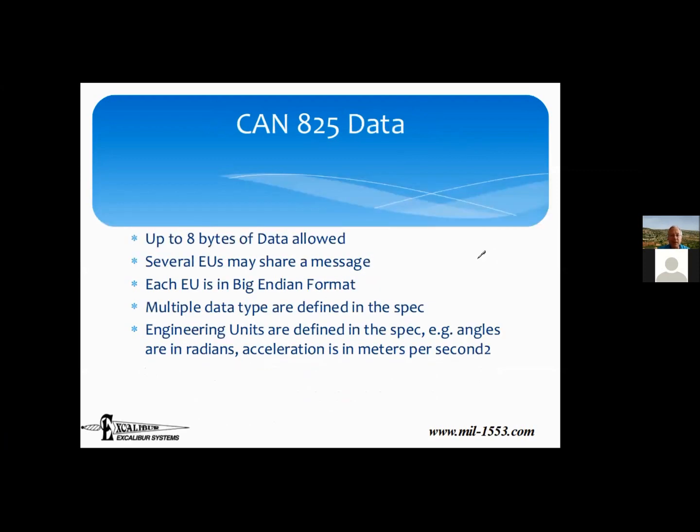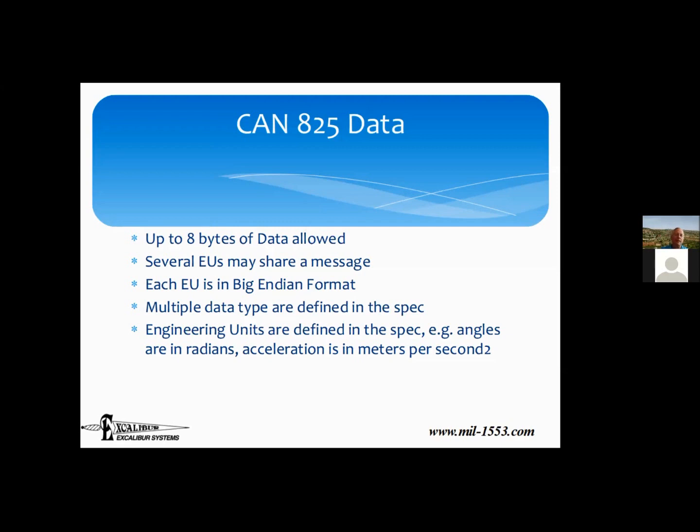The data itself is from 0 to 8 bytes, right? So you might have 0 bytes because just the very fact that you got a message from a device tells you something. Now, within those 8 bytes, you can have more than one engineering unit. You know, latitude and longitude can be in the same message because each of them typically only needs 4 bytes.